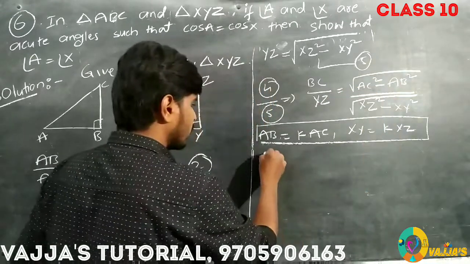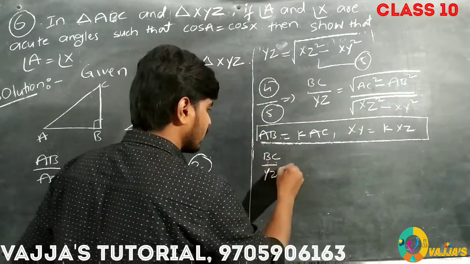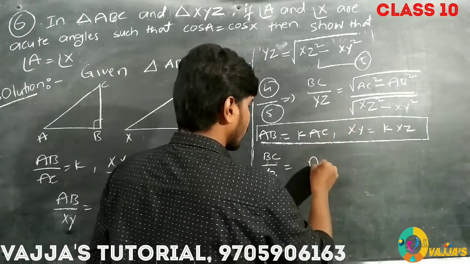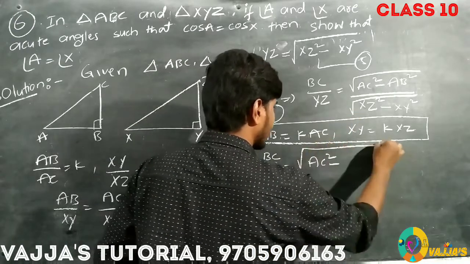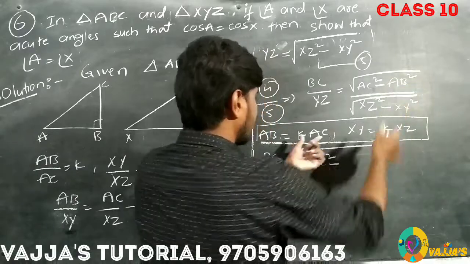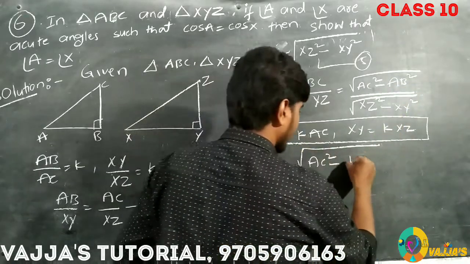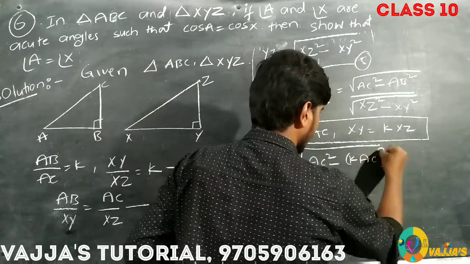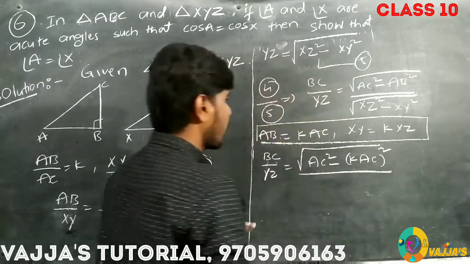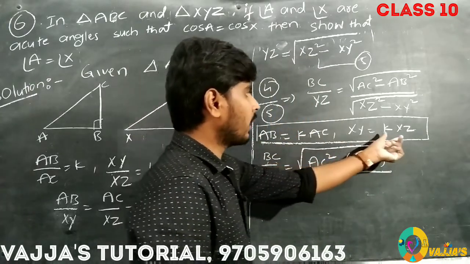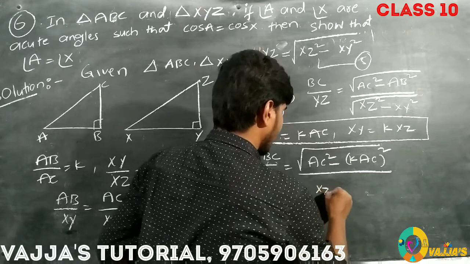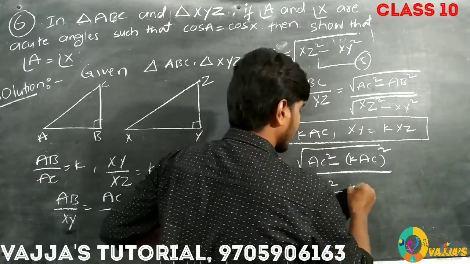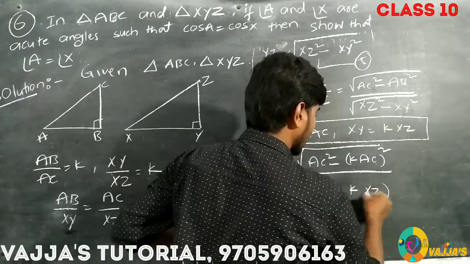So BC by YZ is equal to root of AC square minus AB square, which is K AC whole square, by XZ square minus K into XZ whole square.